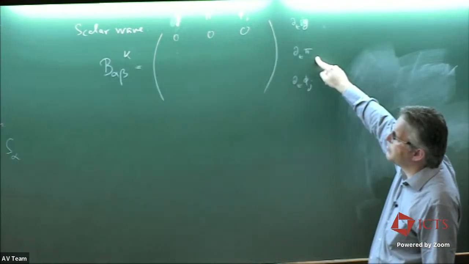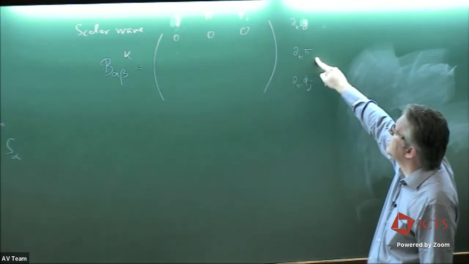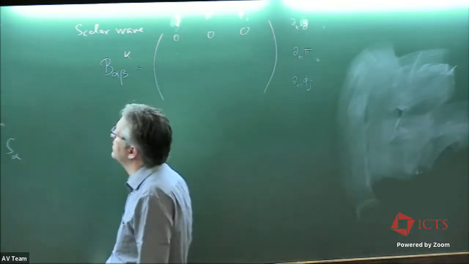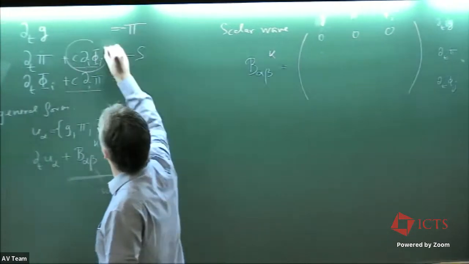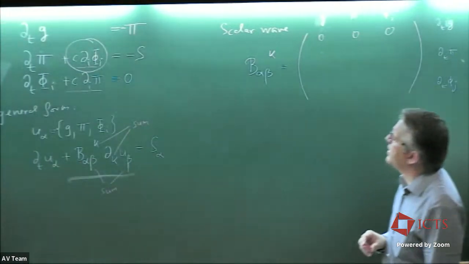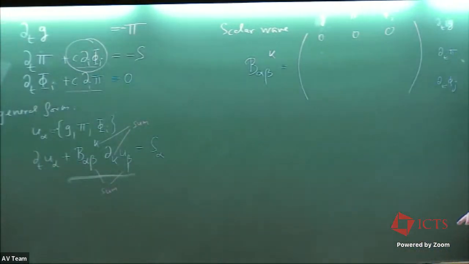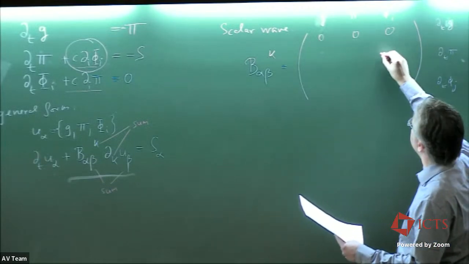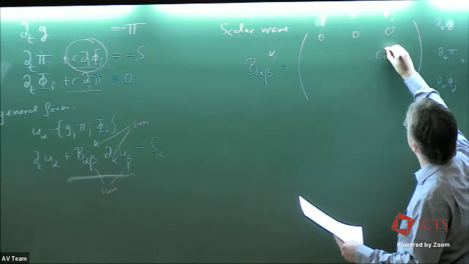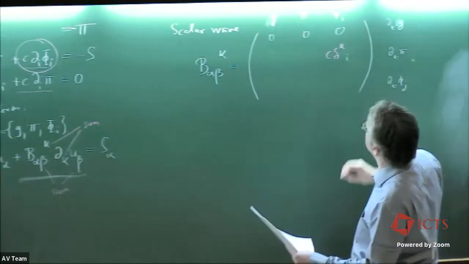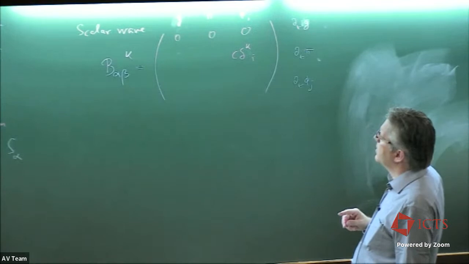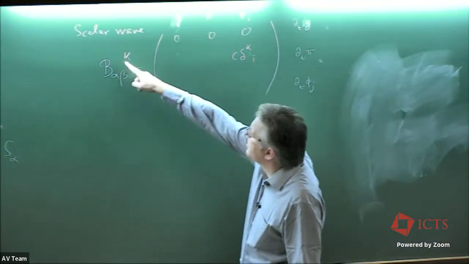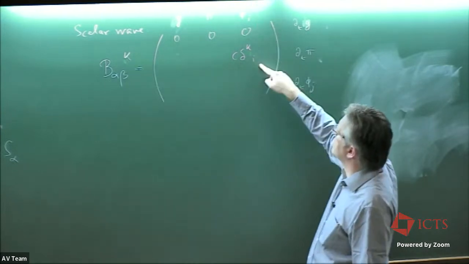In the dt pi equation, we have one derivative over here, the d_i phi I. So this is going to show up here in one way or the other as a c delta ki, because in the kth matrix, only the kth phi I is going to show up.